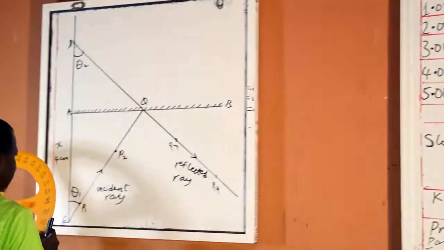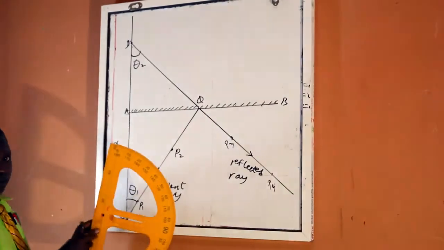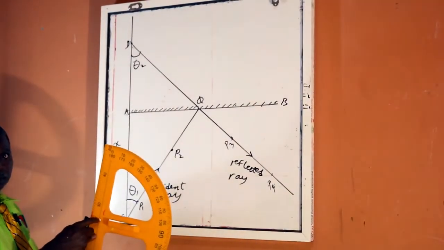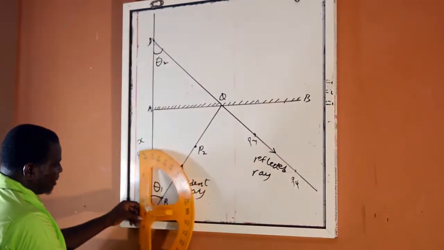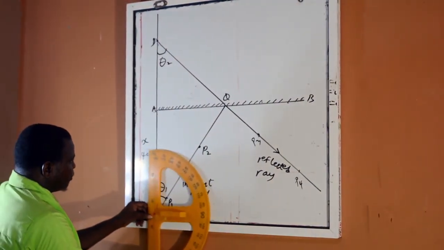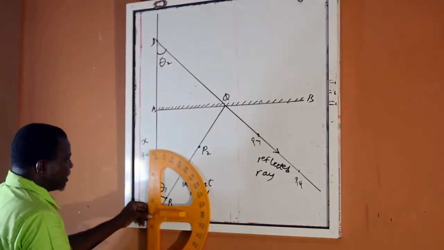This is how to get the value of theta. This point will be at this point C. Then this 0 will be on line AC.